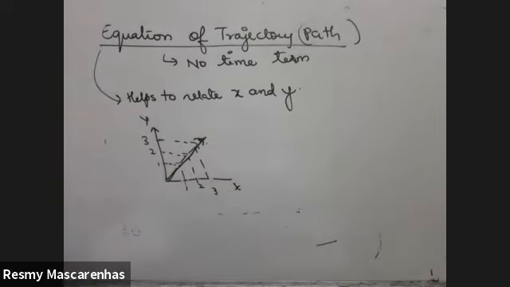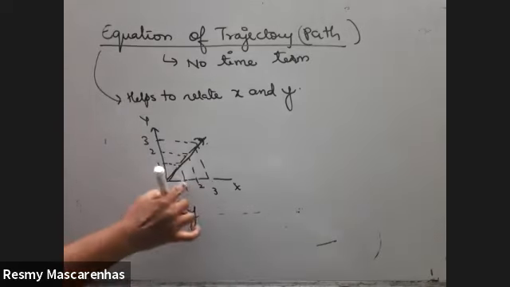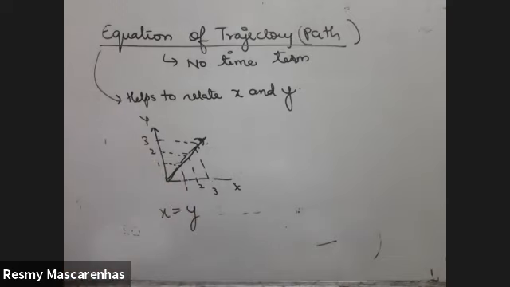Can anyone tell me what is the relation between the x coordinate and the y coordinate, looking at the path? Whatever is the value of x is same as y. So the relation between x and y over here is x is equal to y. X coordinate is equal to y coordinate.